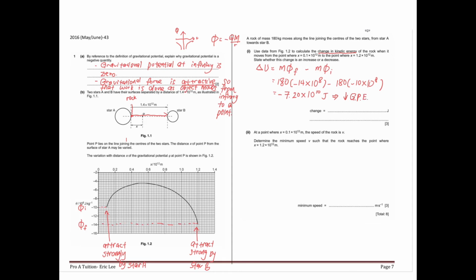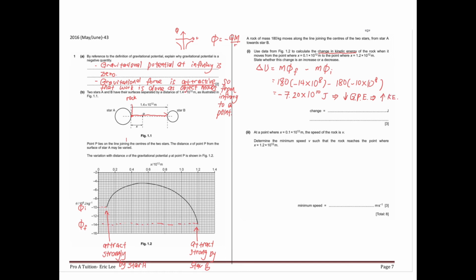Negative means that a decrease happens. Based on the principle of conservation of energy, when there is a decrease in gravitational potential energy, that energy is changed to something else. It changes to kinetic energy over here. So I have to say that the decrease of gravitational potential energy makes the kinetic energy increase.